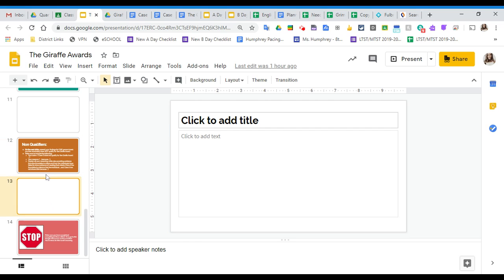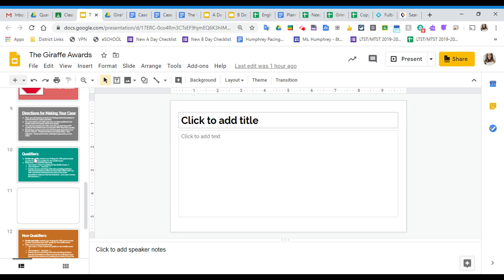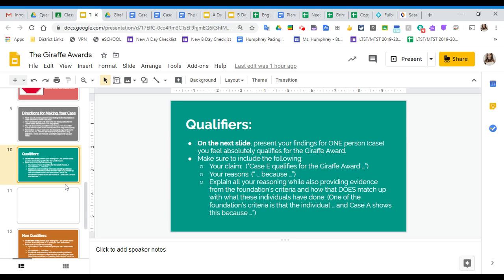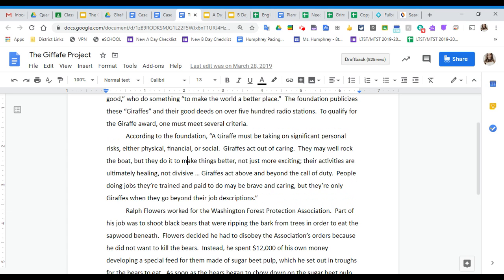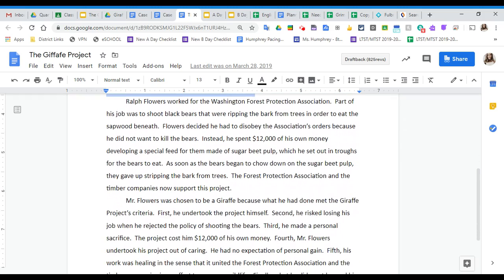Thinking about grades too, guys, and how you're going to be scored on this, really. You, again, pick a case for the qualifier that is really clearly, in theory, you want to pick one that qualifies in more than just one way. So if you go back and look at the draft project and look at the things that the giraffes do, you want to try to find somebody that shows as many of these things as possible.